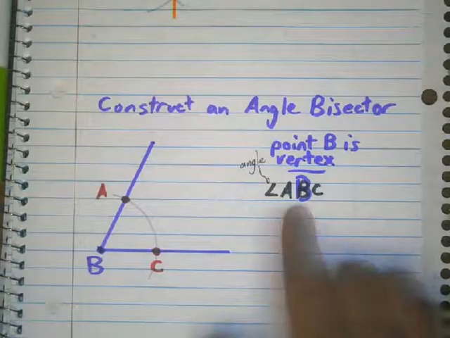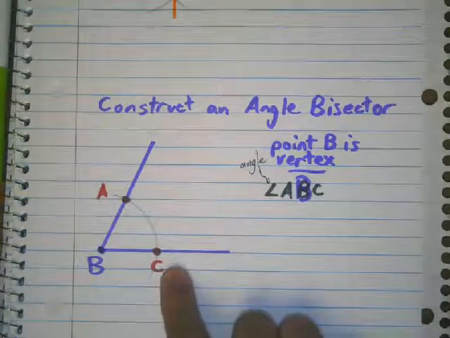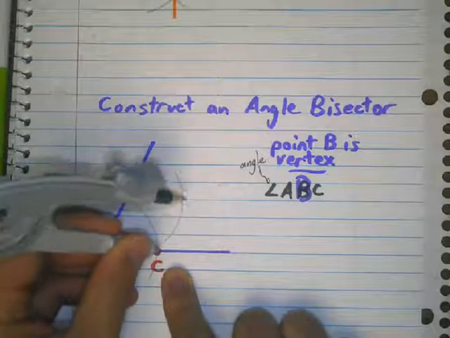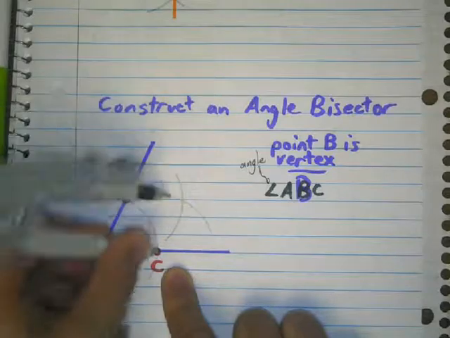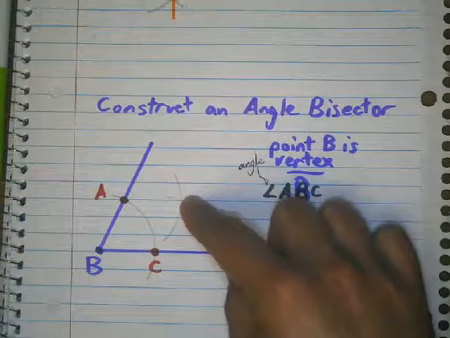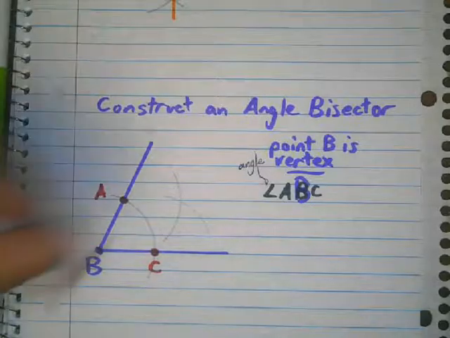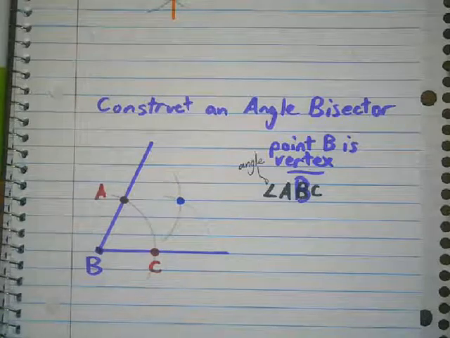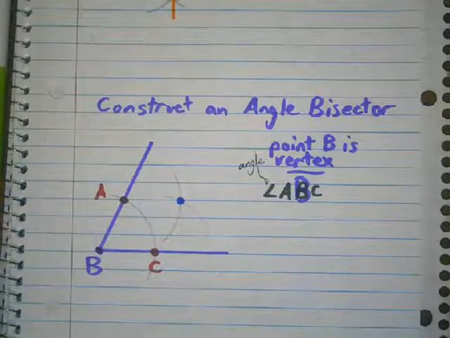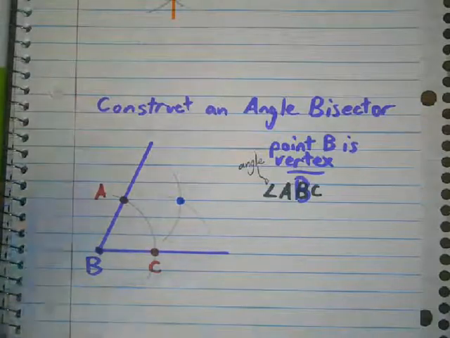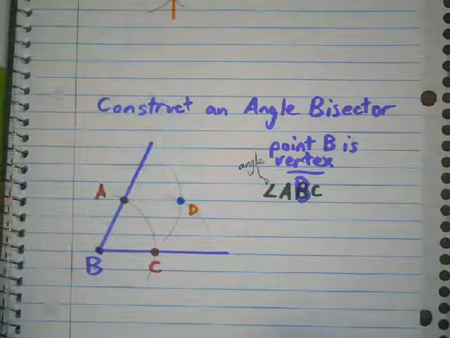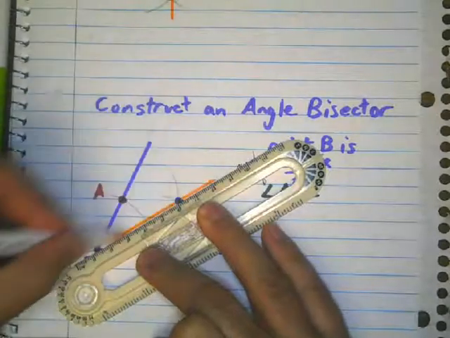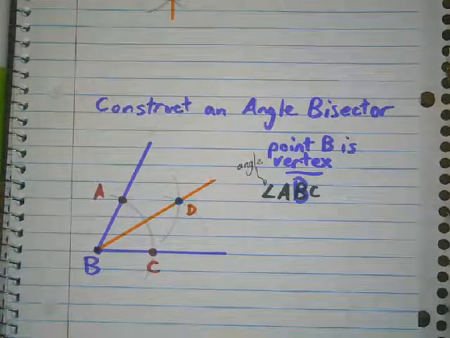So we have angle ABC, and now at this point I need to draw an arch centered at A, and I can draw an arch centered at C, and these arches are the same distance away from A and C because it's the same radius, and by doing that, now I can draw a line that connects this new point. I'm going to call this point D, and if I draw a line from B to D, I have just cut this angle in half.